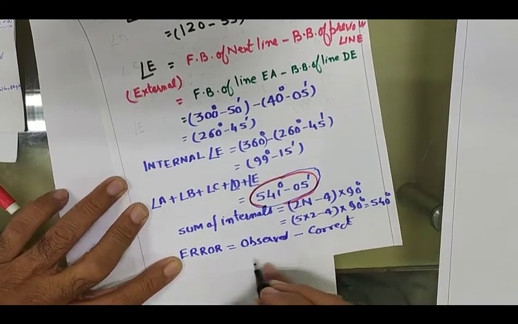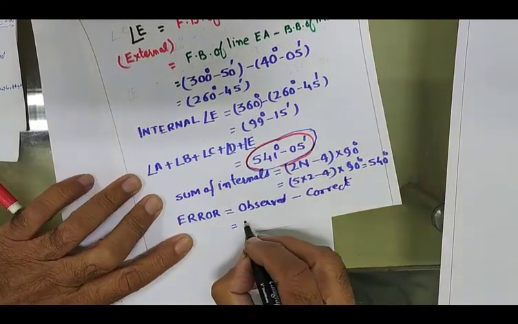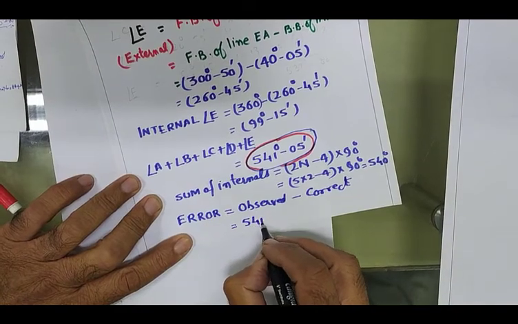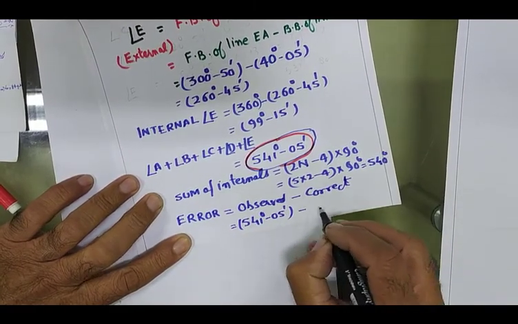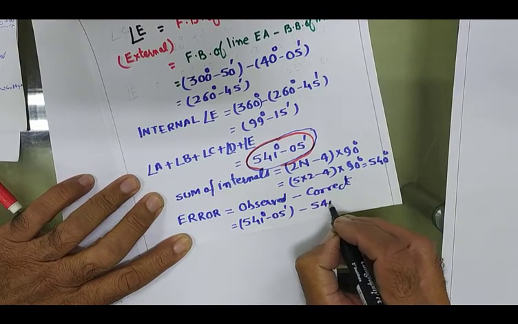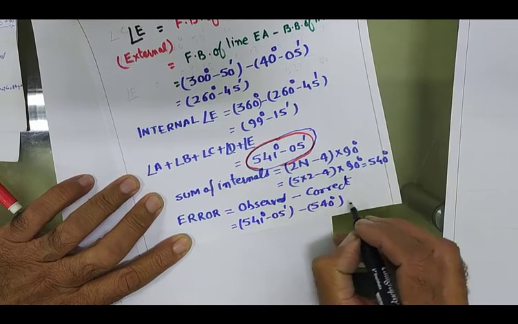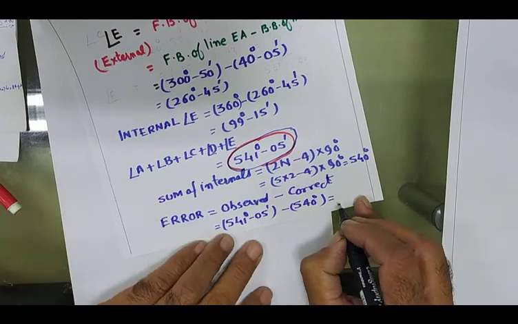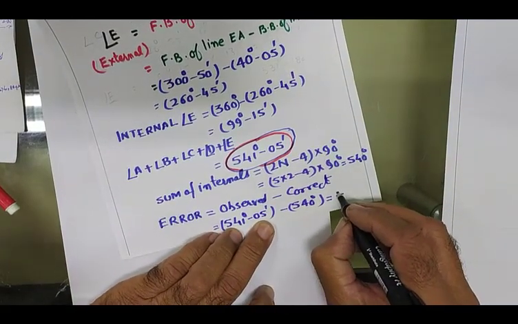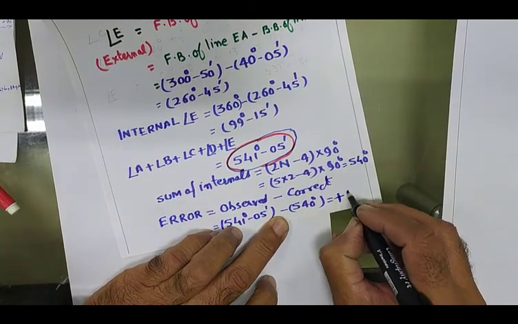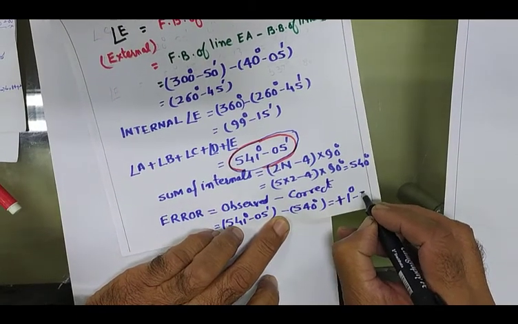So what is the observed value? This comes to be 541 degree 5 minutes, and the correct value must be 540 degree. Okay. So there is an error of plus, because positive is dominating. Error is plus 1 degree 5 minutes.